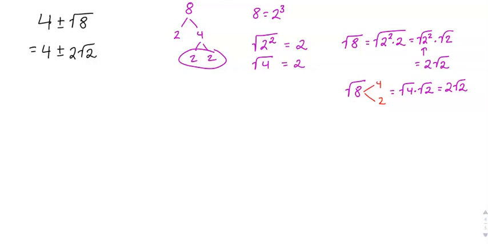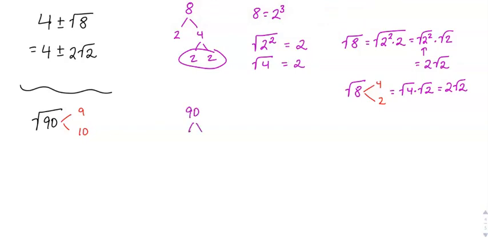Let's compare that to a couple more examples. Say that we had the square root of 90. So thinking about perfect squares that live inside of 90, we know that 90 is 9 times 10. We could do the same thing and think about the factor tree to really emphasize this idea of pairs.